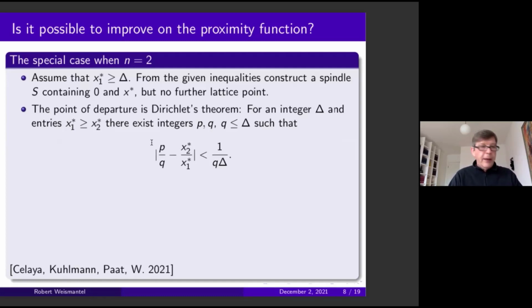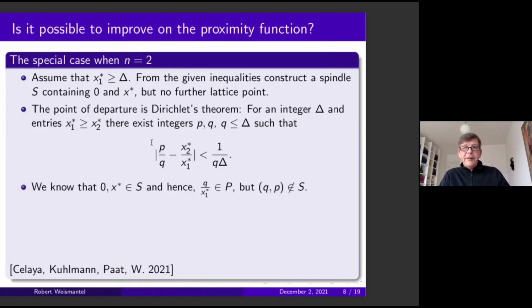There exist integers p and q such that the q entry is not exceeding delta, but we can approximate the quotient x2 star divided by x1 star by p divided by q, so that the deviation of the two values is at most 1 over q times delta in absolute value. I think this is a classical theorem that all of you know.